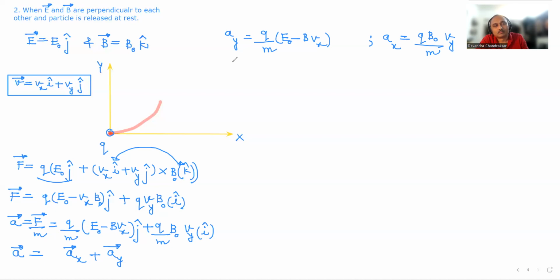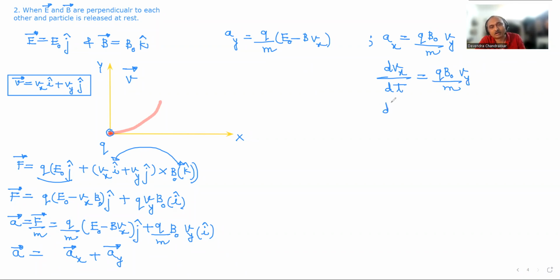Now we want to write velocity as a function of time t. We also want to write position. Let's see how we will do this. Okay, this is dvx. All of you please pay attention. This is how we need to solve it. dvx by dt is equal to q b naught by m into vy.